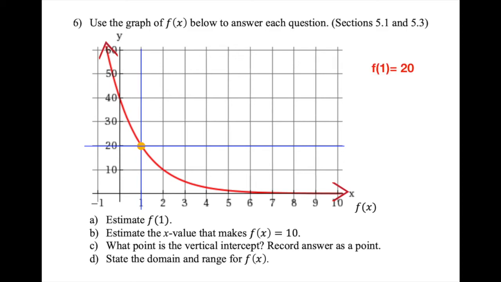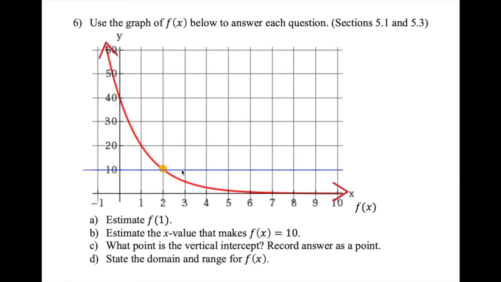That's part A. Part B, estimate x values that makes f of x equal to 10. So f of x, basically that's y value. So y equal to 10. First, you want to draw a horizontal line at y equal to 10.